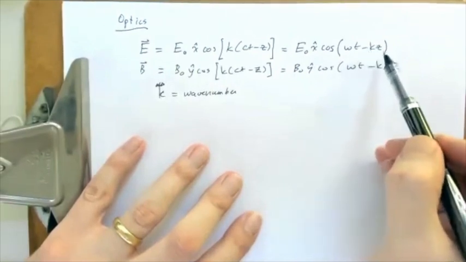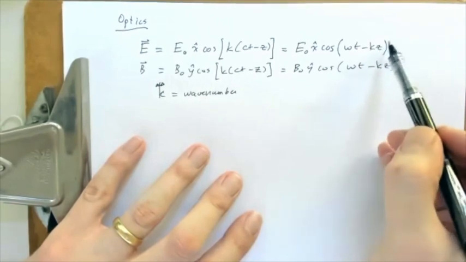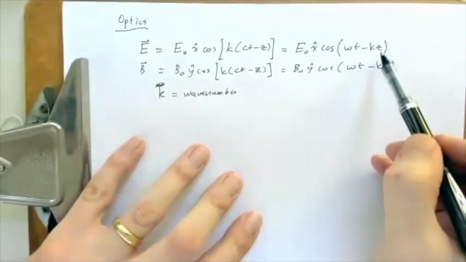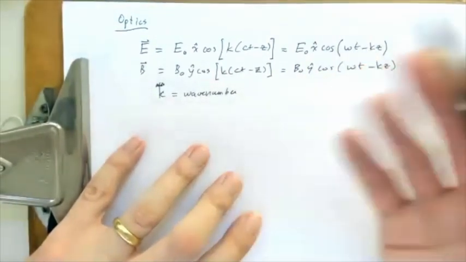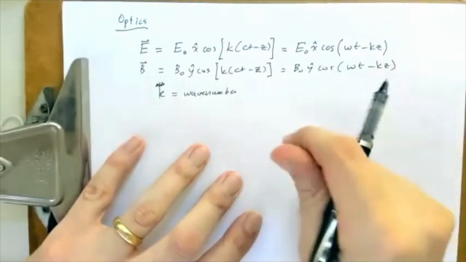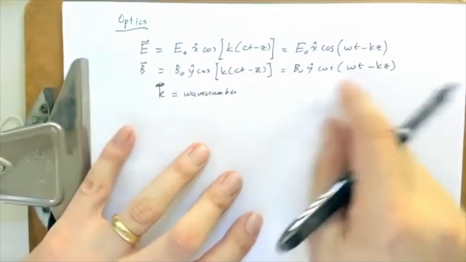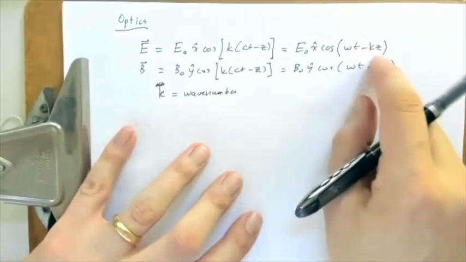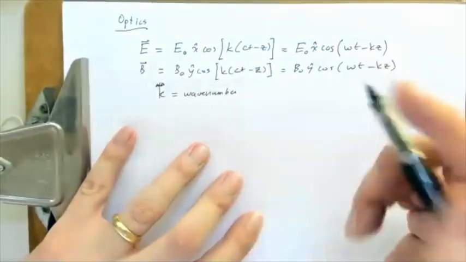Now, if we have a wave that's not traveling in the z direction but in the x direction, we can just replace this with x, or replace it with y if we want it in the y direction, or replace it with r if we want it in some arbitrary direction r. Therefore, we should be able to generalize this part of the expression to allow for waves that travel in an arbitrary direction.